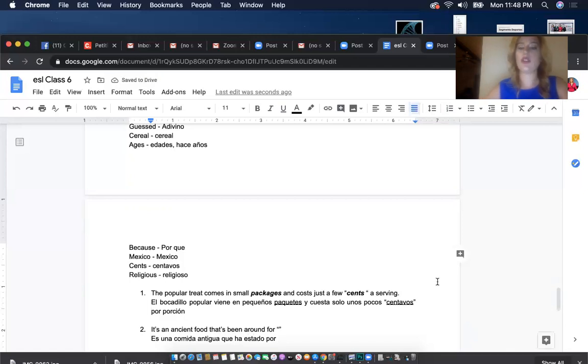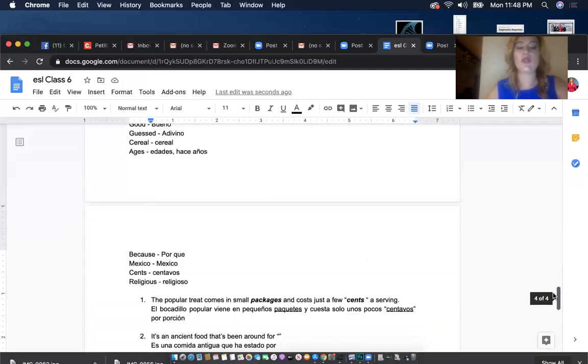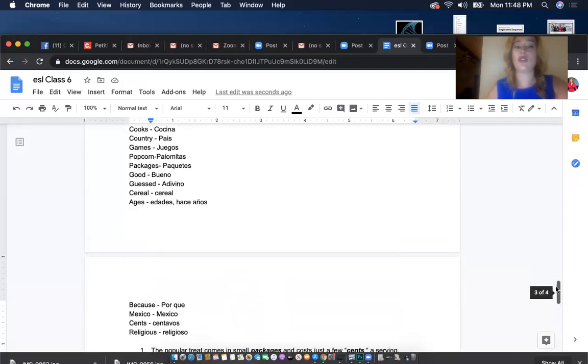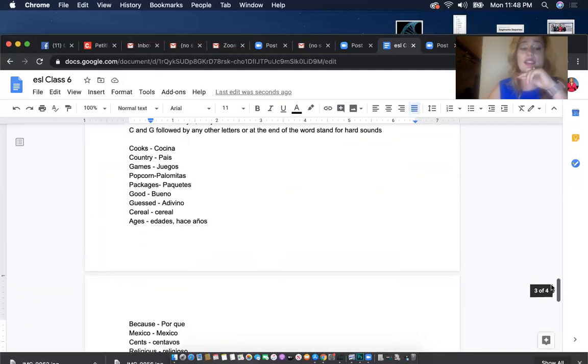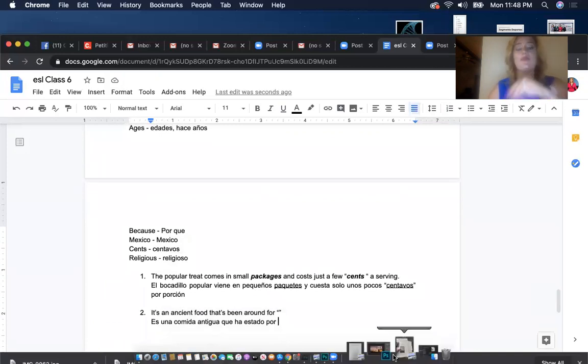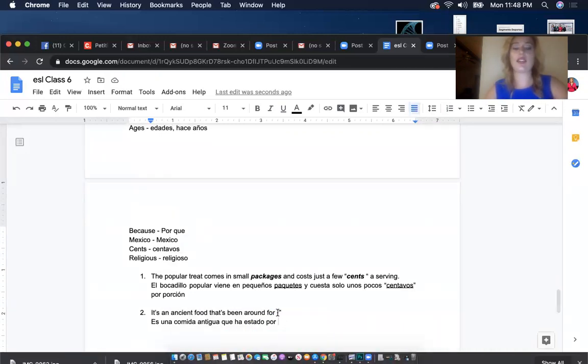So we look over here and what could best fit this. So it's an ancient food that's been around for cooks, country, games, packages, good, guest, cereal, ages. So la respuesta es ages. Por años.